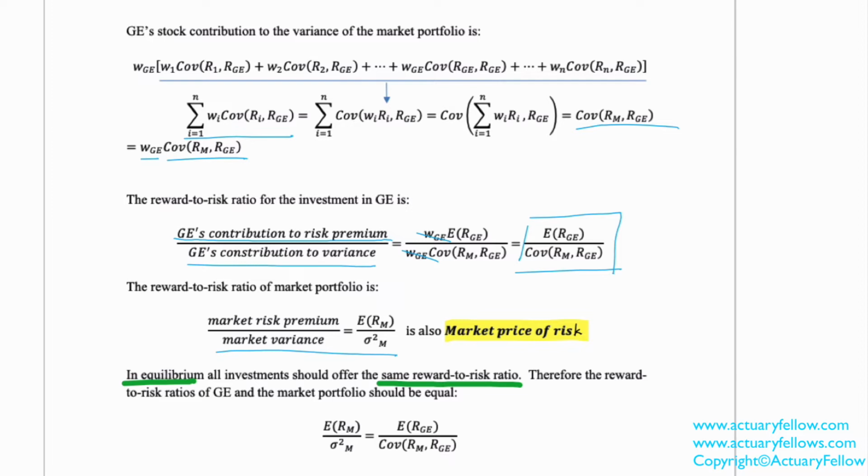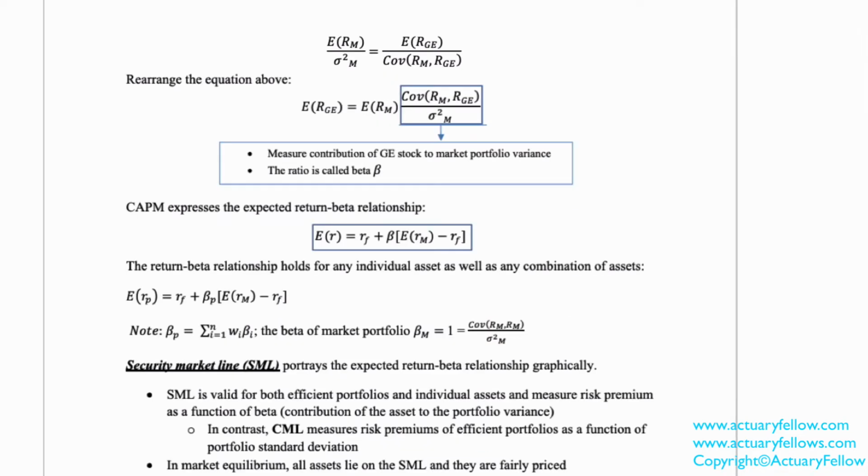In the first lesson, we mentioned one of the key words in CAPM is risk in equilibrium. When risks are in equilibrium, all securities have identical reward to risk ratio. In equilibrium, GE and market portfolio have the same reward to risk ratio.